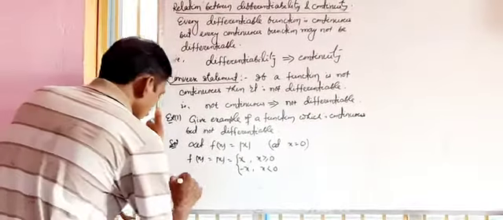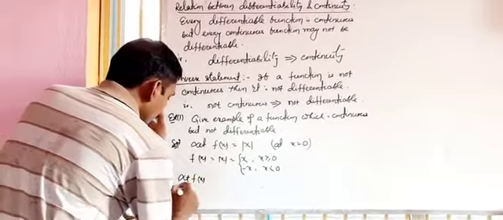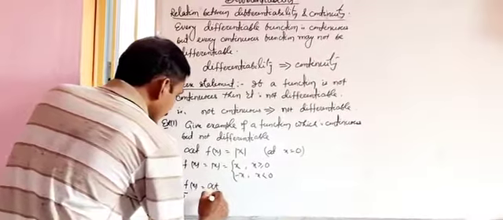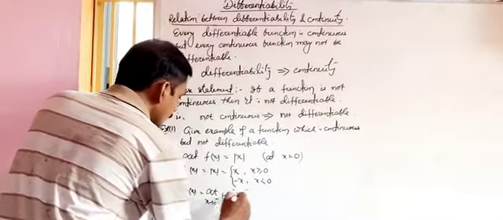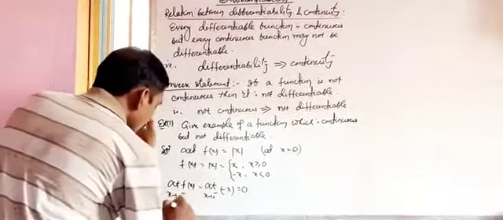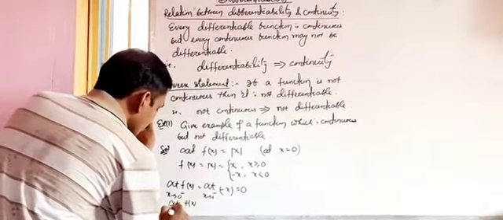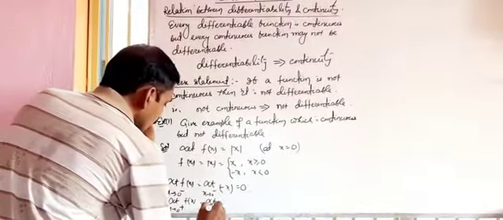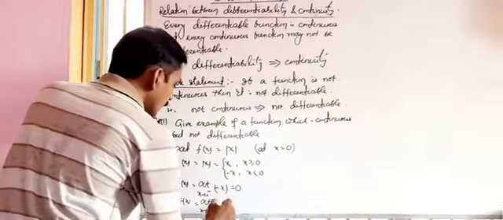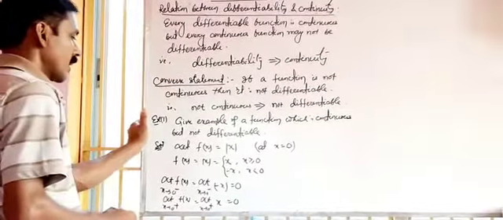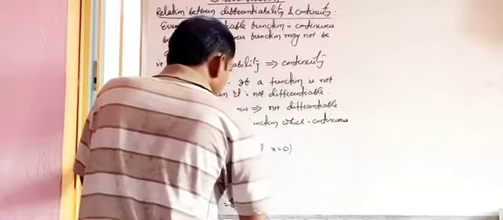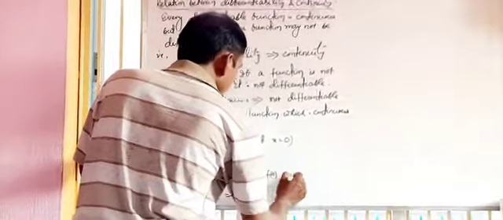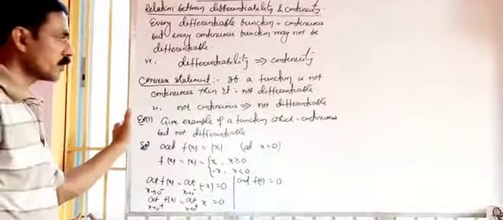Now limit of f of x, x tends to 0 minus: this is minus x, this is 0. Similarly, limit of f of x, x tends to 0 plus: when x is greater than 0, the value is x, so this is also 0. And f of 0 is also equal to 0.